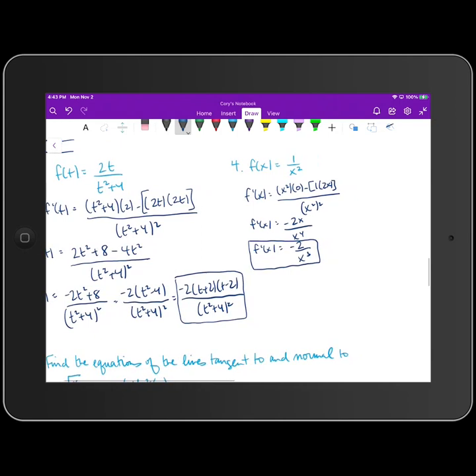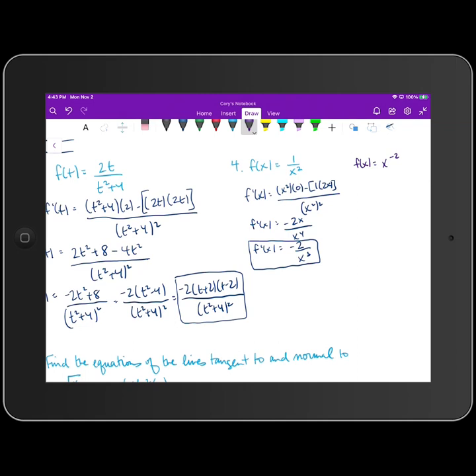All right, so that's one way to take that derivative. Now, the way that I would advise, which would make things a little bit easier, is you can take that function 1 over x squared and rewrite it as x to the negative 2 power.